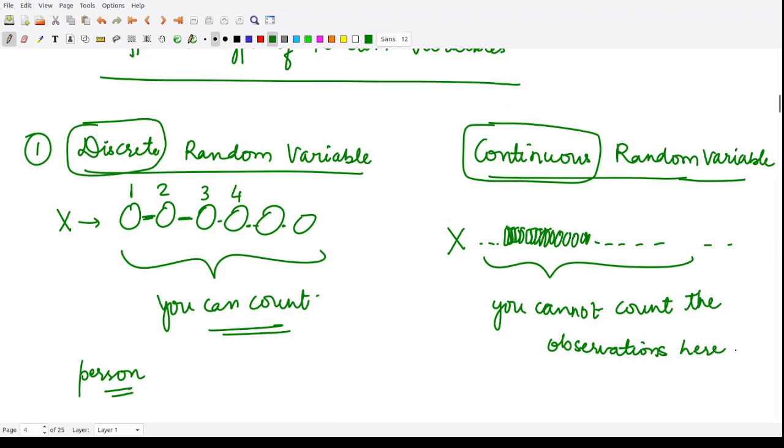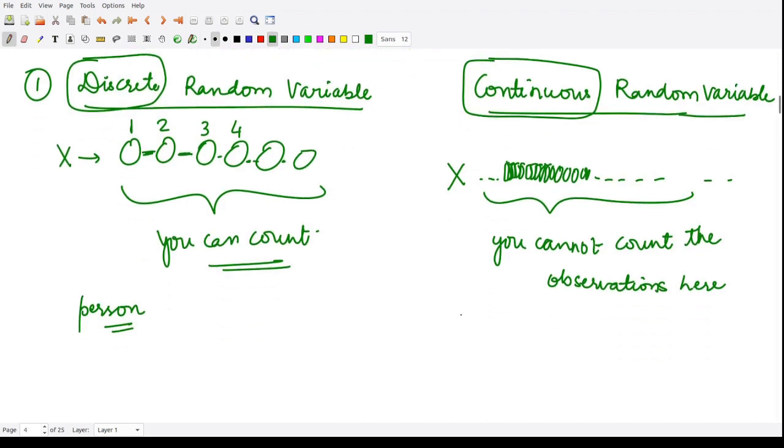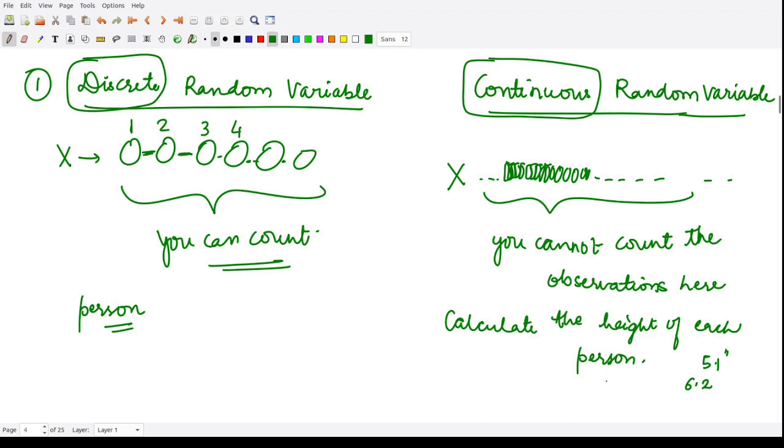For example, calculate the height of each person. The height could be 5.1 inches, or 6.2, or 4.444. It could be any number in between. So that is a continuous random variable. That is the difference.